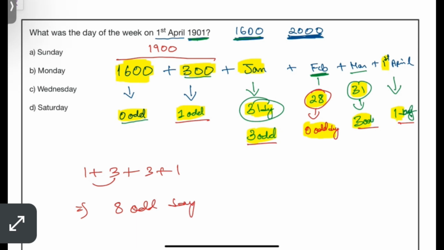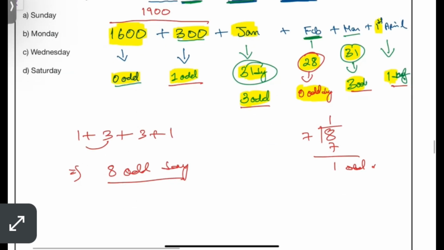But 8 odd days can be converted into how much? 8 divided by 7. 7 ones are 7. That means I have 1 as the answer. So 1 here is the odd days. So 8 odd days can be converted into 1 week plus 1 odd day.